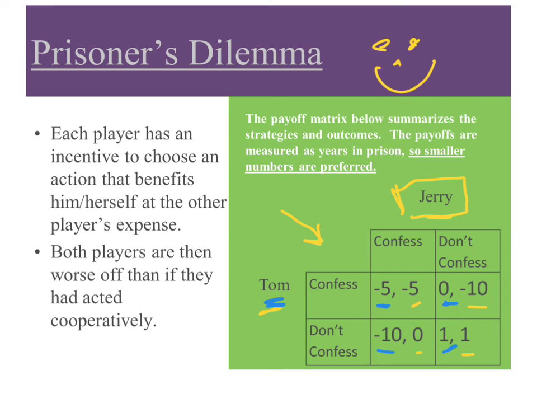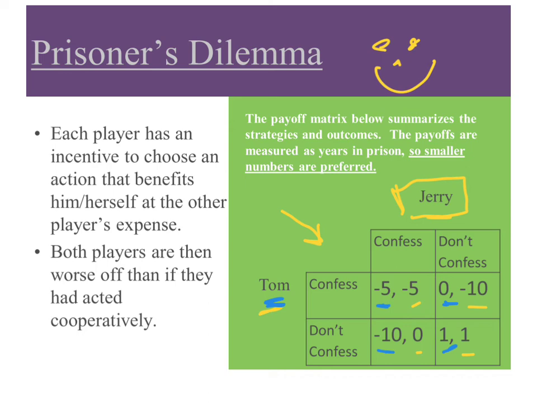Let's look at the payoff matrix and go about this the same way every time. A lot of you will want to do this in your head, and in time you can, but for now, just follow along with the basic idea because it can be a little arduous to read some of these payoff matrices. Let's play with Tom first.